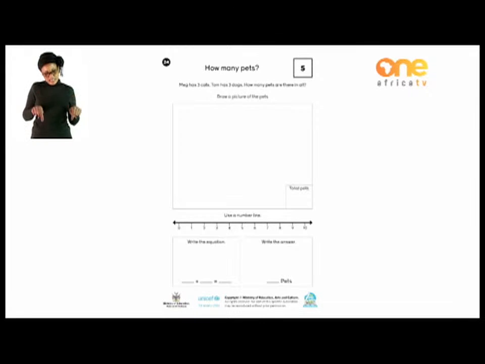What is an equation? Equation means you have to write 2 numbers or values and then you must add it up. So in that first box, can you see there's a line plus a line equals a line?